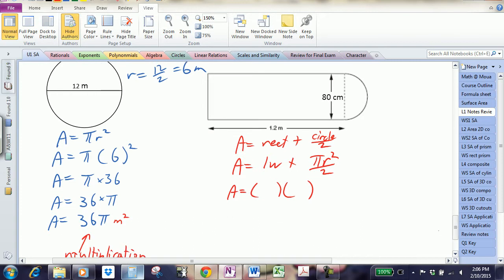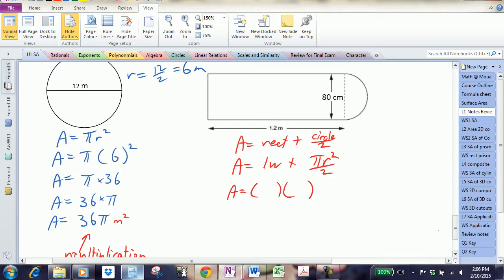Okay, what should we multiply together for the length and the width? Yep. One question was, 80, not meters, centimeters. Why are you kind of quiet about the units?